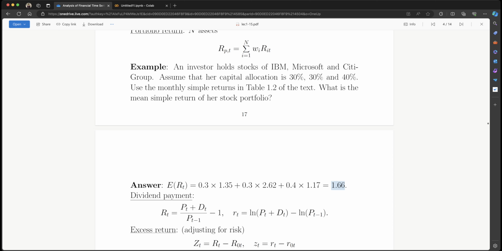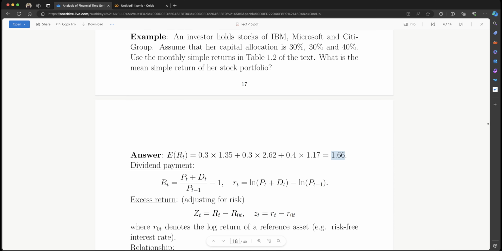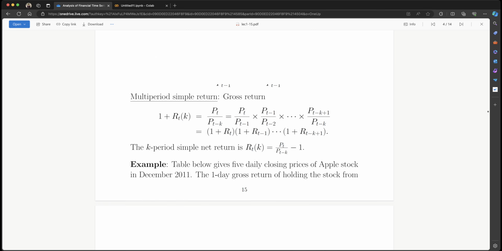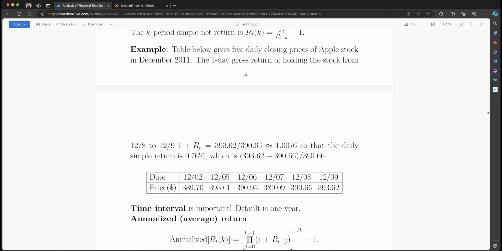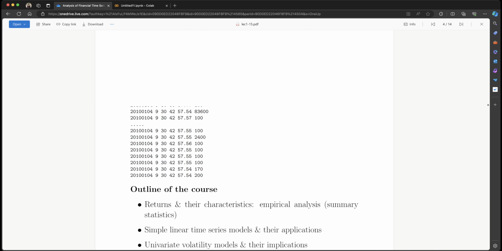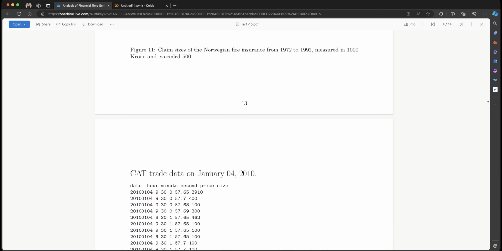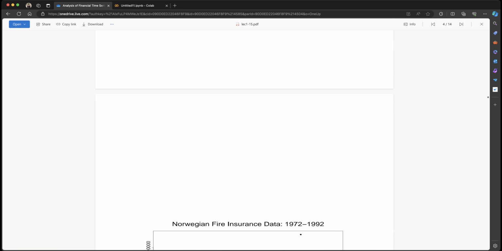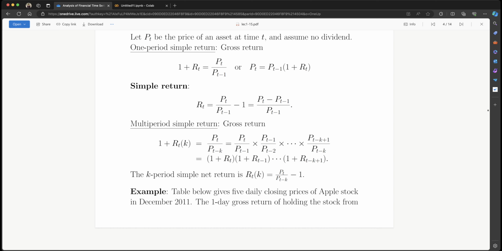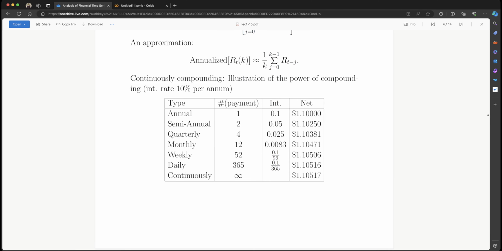By the way, you can find table 1.2 somewhere in the text. We skip it because it is straightforward.